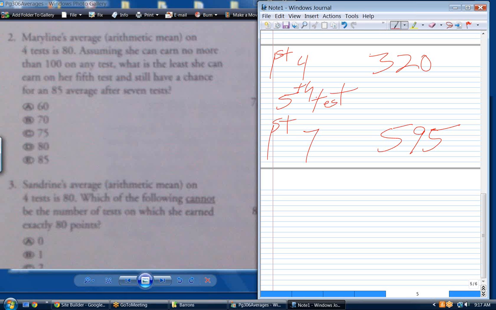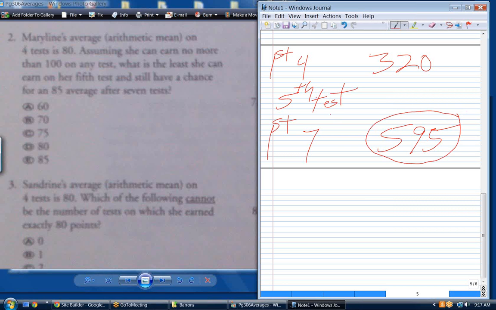I'm stumped. Okay. Well, whatever this fifth test must be, it would have to be 395 afterwards, because she could get 100 on the sixth test and she could get 100 on the seventh test. And in other words, our goal is to be able to get 595.